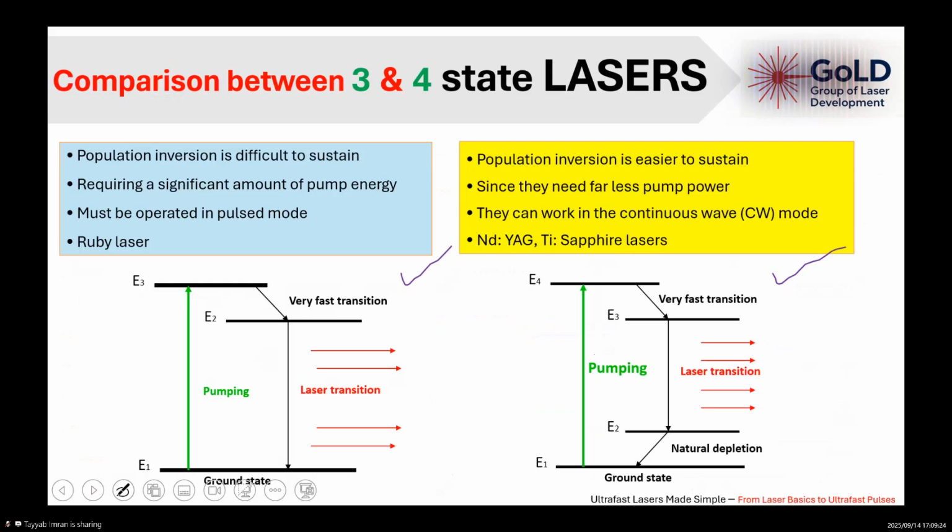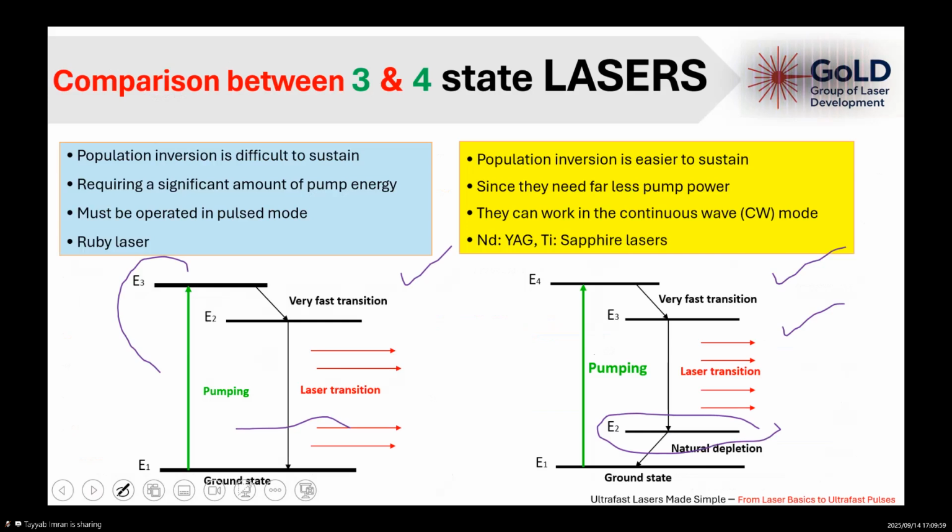As I mentioned in my last lecture, it's hard to pump a 3-state laser as compared to the 4-state laser. The reason is that it has one extra level here which the other doesn't have. The famous 3-state laser is the ruby laser, and for 4-state lasers, there are so many, but Nd:YAG and titanium sapphire lasers.